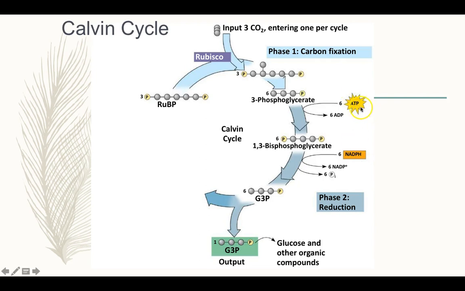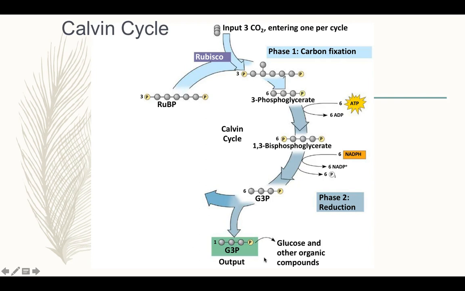Again, this is the ATP and the NADPH that came from the light reactions. This NADPH is going to reduce 1,3-bisphosphoglycerate to glyceraldehyde 3-phosphate. So now I have 6 glyceraldehyde 3-phosphates, but here's the thing, only 1 is going to come out.